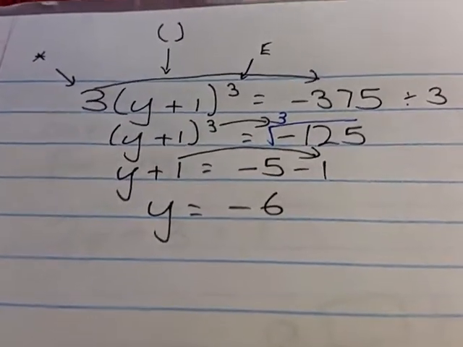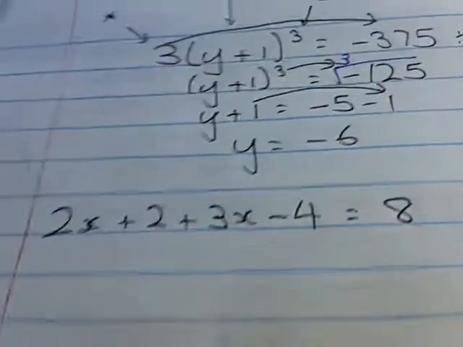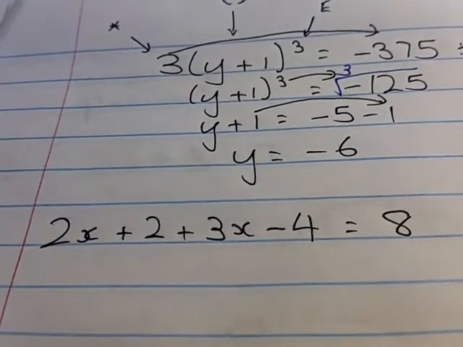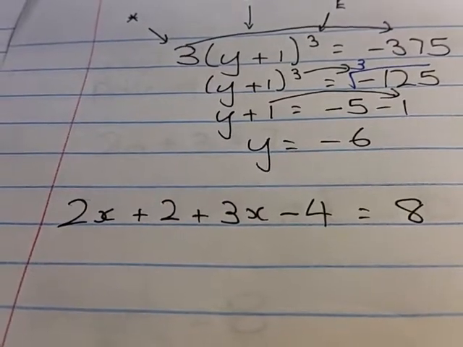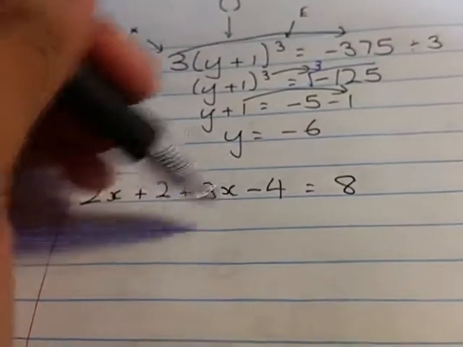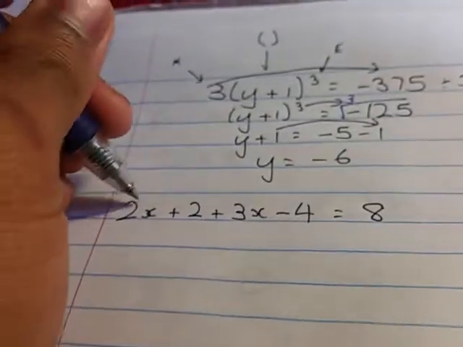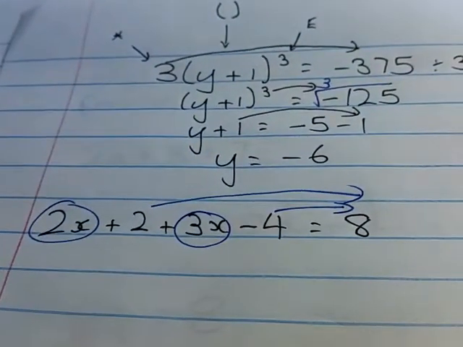Now, let's do something a bit more interesting that's math related. Alright. 2x plus 2 plus 3x minus 4 all equals 8. Remember, keep your x's on one side, move your numbers onto the other side.